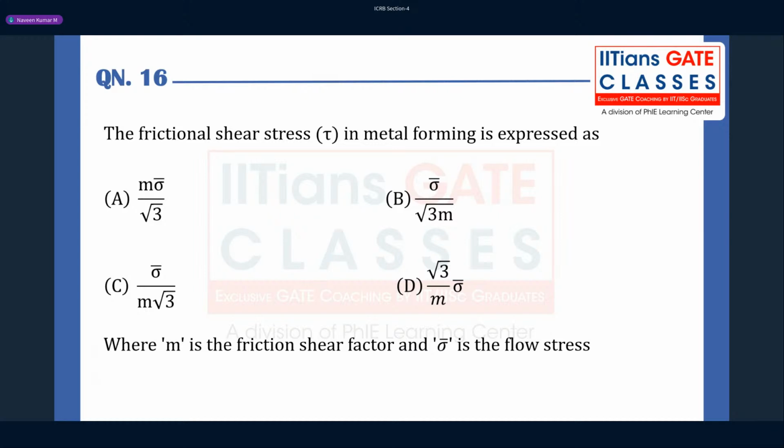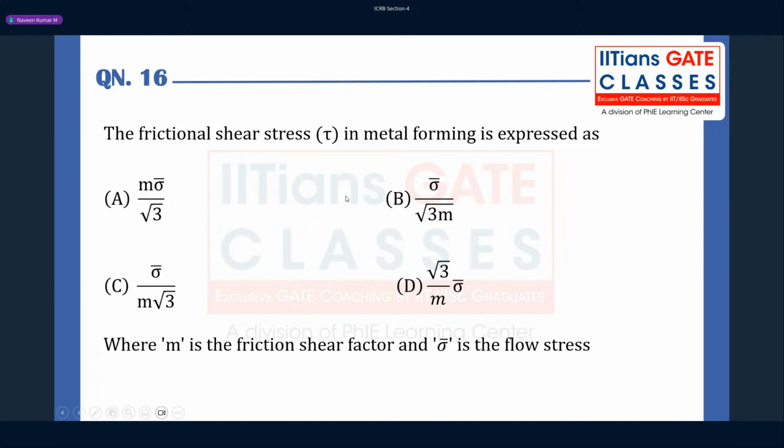There we derived the relation between the yield stress in shear and the yield stress in tensile loading, right? We'll relate them, and then relate them to the shear stress. So let's understand some interesting concepts here.